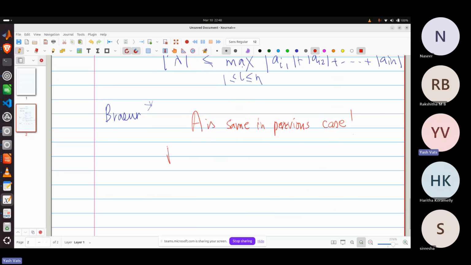Then Pk is your sum of moduli like |ak1|, this is your kth row elements, |ak2|, and so on, except, so I write |ak,k-1|, |ak,k+1|. So akk goes away because we are removing it. So Pk is the sum of moduli of the row elements.